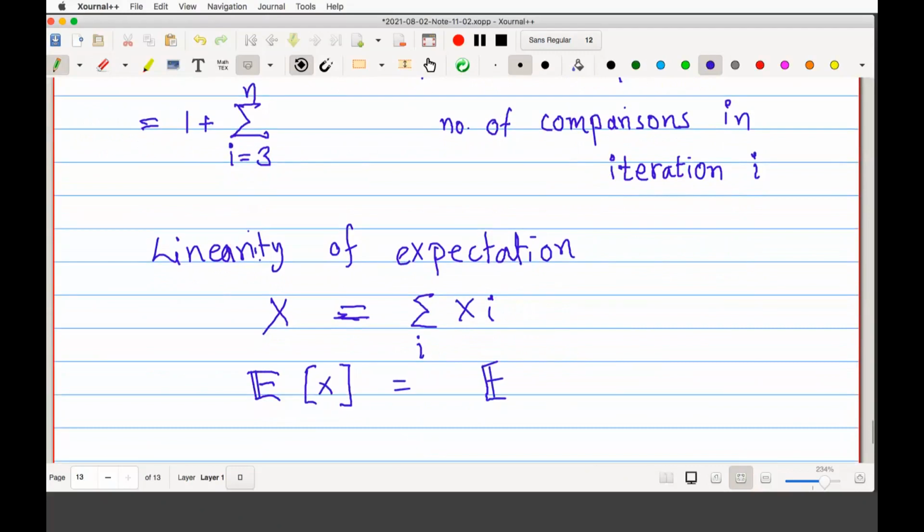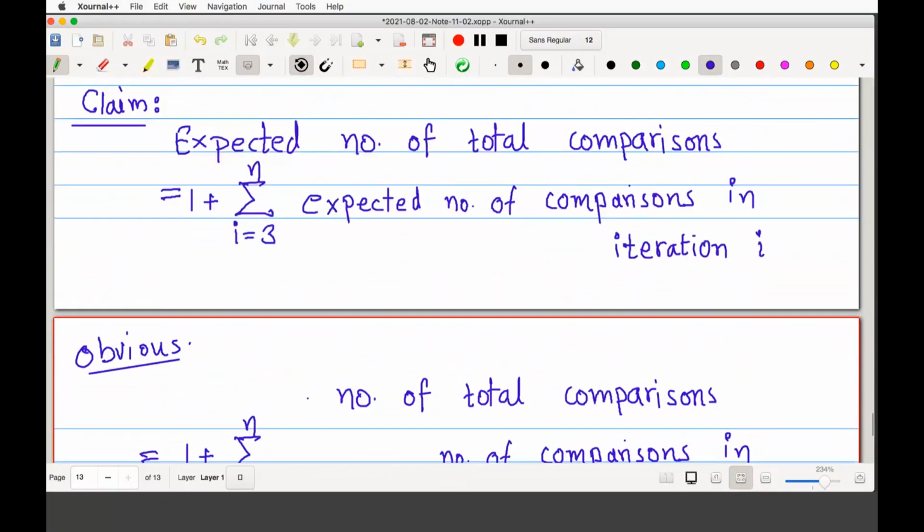So that's what this linearity of expectation theorem says. This is a theorem and you should be able to prove this easily, if you think about it. So in our case, what is X and what is X_i? X is the total number of comparisons and X_i is the comparisons in iteration i. That's what I'm applying here, and that's how I wrote this claim.